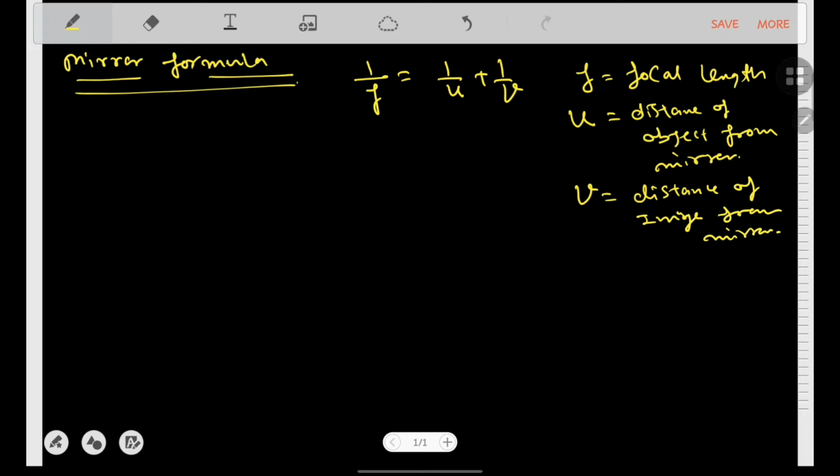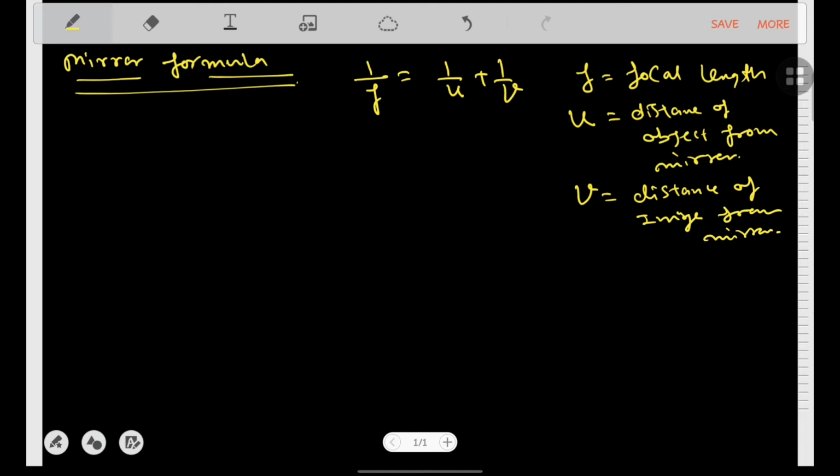So for obtaining this formula for the spherical mirror, 1 upon F equal to 1 upon U plus 1 upon V, we can take any one case of concave or convex mirror. Since the concave mirror makes real images, we will take a case of real image.